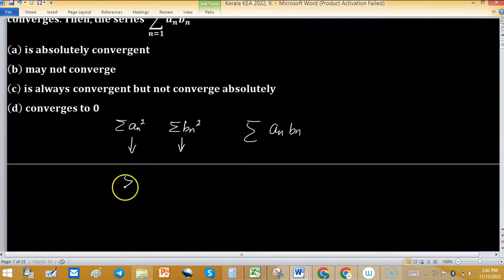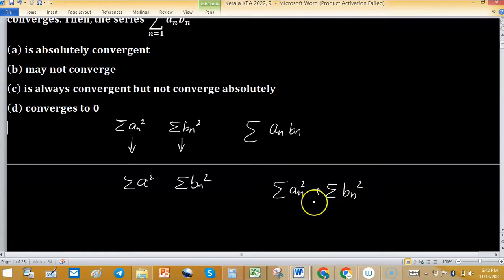As series an square and series bn square converge, it means that their sum will also converge. Summation an square plus summation bn square, or I can write summation an square plus bn square, and their half, 1 upon 2.